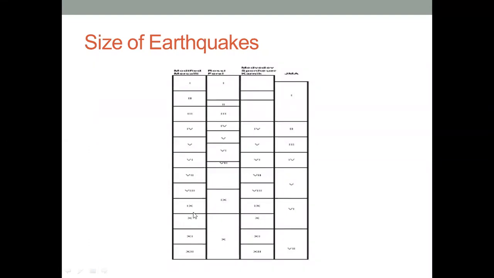One is the modified Mercalli, MMI scale, the Rossi-Forel scale, the MSK scale, and the JMA scale. In the MMI scale, we have 12 intensity levels. In Rossi-Forel, you can see 10.